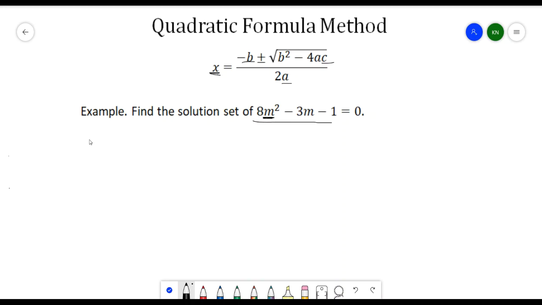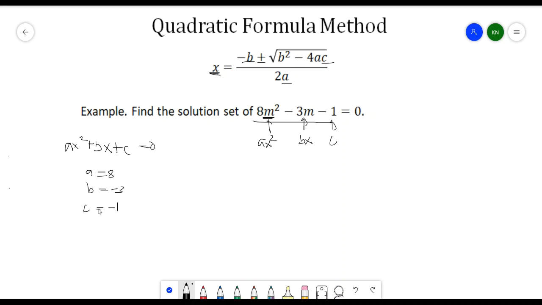So from the form ax squared plus bx plus c, which is equivalent to 0, this is our ax squared, this is our bx, and this is our c, right? So we have a is equivalent to 8, b is equivalent to -3, and c is equivalent to -1.